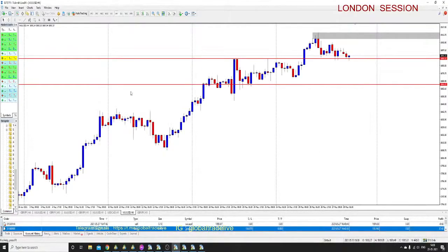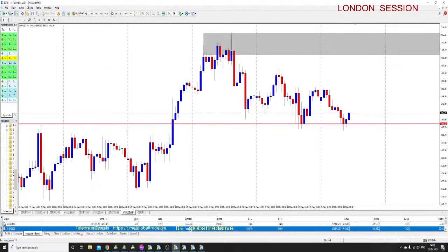Anyways, let's just go to the 1 hour time frame. So in the 1 hour time frame, what do we see here? We see a long wick rejection at this point.